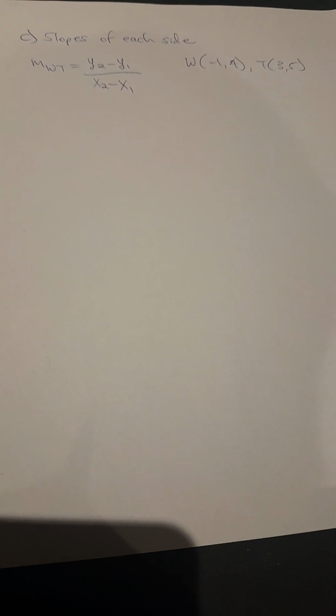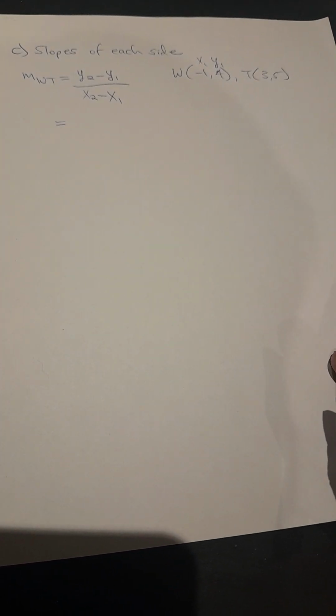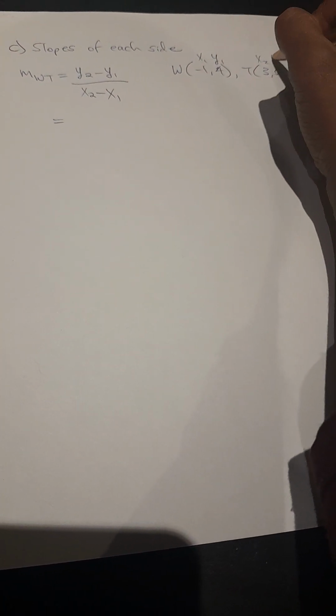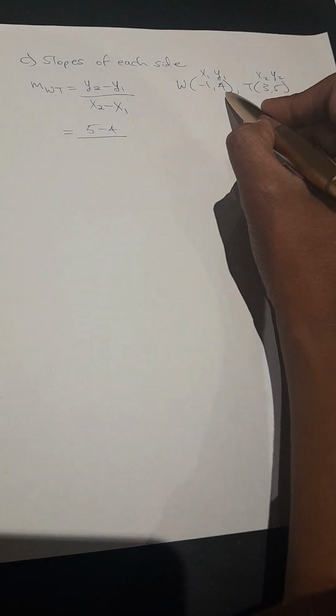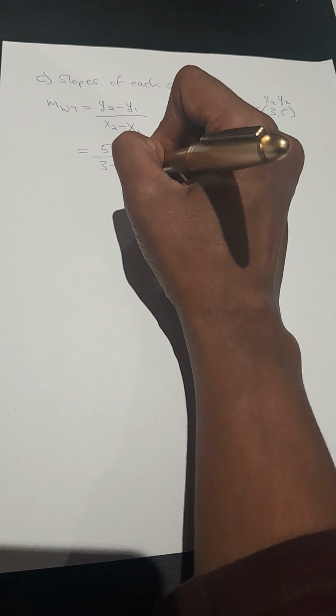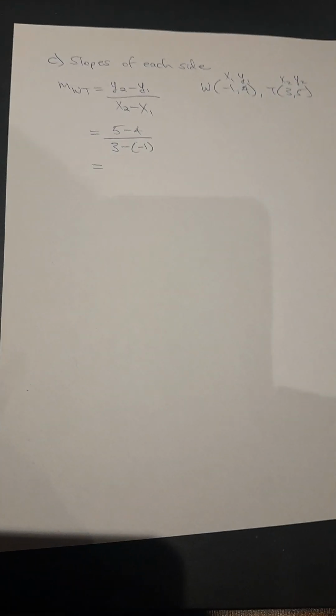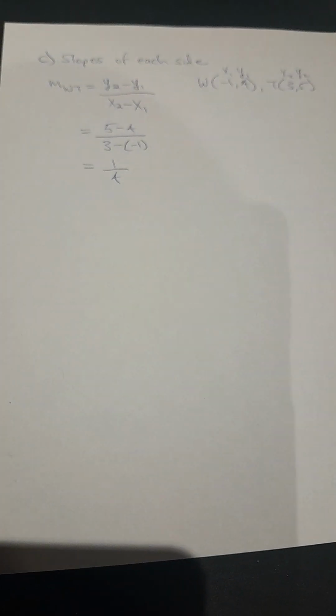Of course, it doesn't matter which order I want to do this in. If you're not sure, this is the first point, so I'm going to put x1, y1, x2, y2. That way you can just sub it into this equation. I'm going to do 5 minus 4, y2 minus y1, over 3 minus negative 1. So at the top, I see 5 minus 4, which is 1. This becomes 3 plus 1, which is equal to 4.